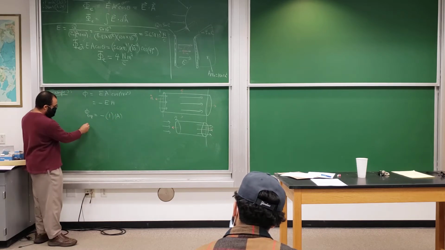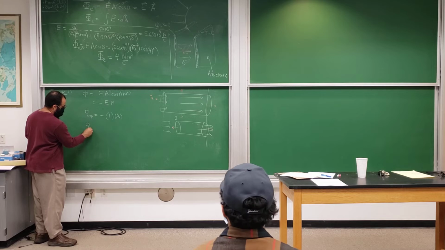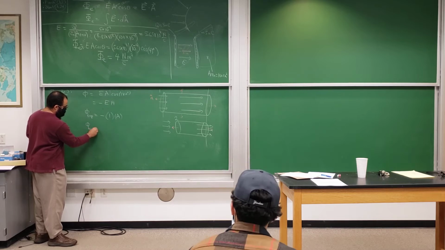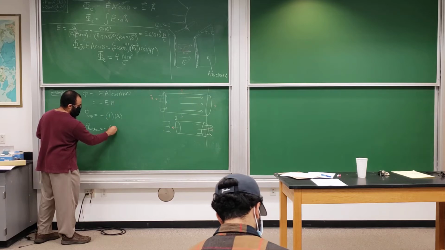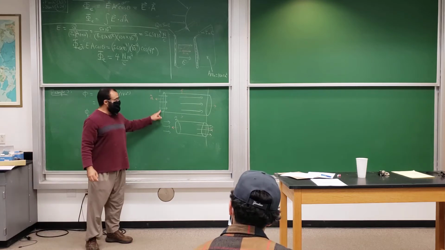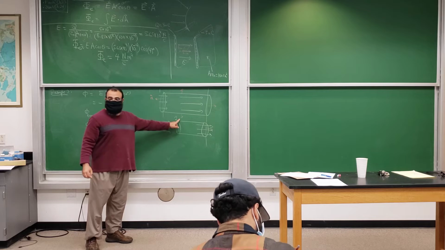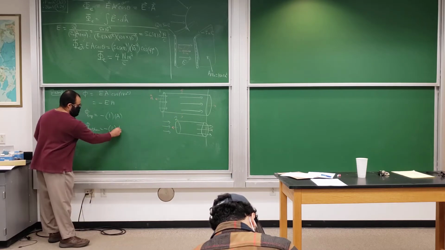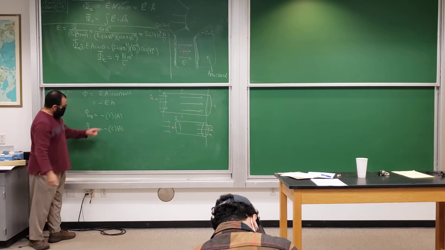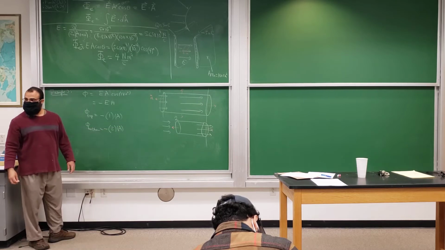But the one at the bottom would be negative, but not 1, but 2, because the field is no longer 1, it got stronger, let's say 2, or 1 point something, a little bit more. So it'd be 2 times the area. The area is the same, but this one is more negative, yeah.